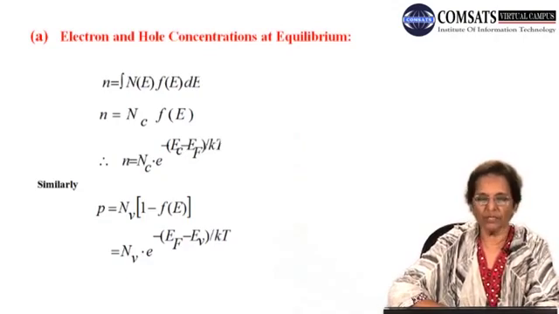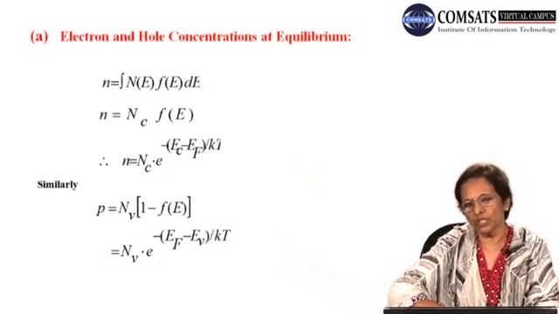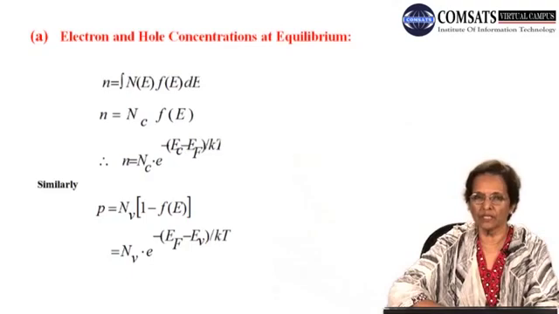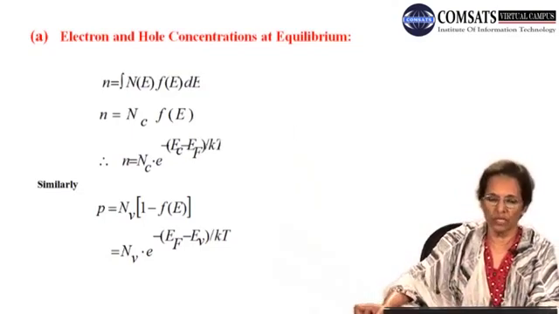Similarly, we can calculate the total hole density, that is, the concentration of free holes in the valence band, by using the same Fermi-Dirac distribution function, but here it will be 1 minus F(E). 1 minus F(E) signifies that the states are empty, they do not have electrons in them. What do they have? They have holes.